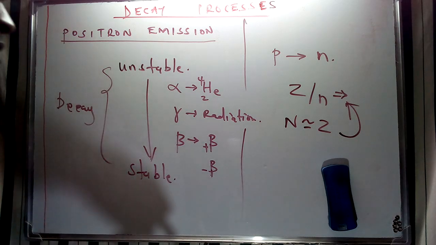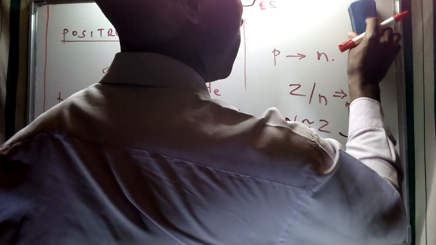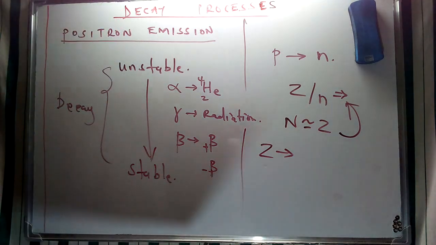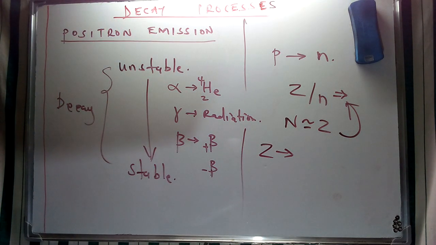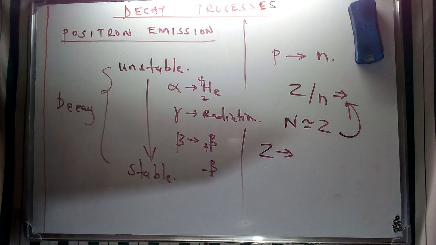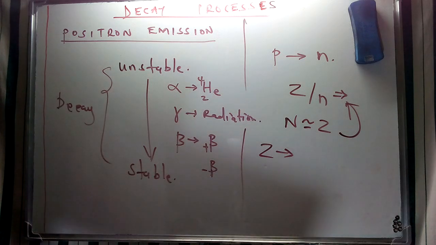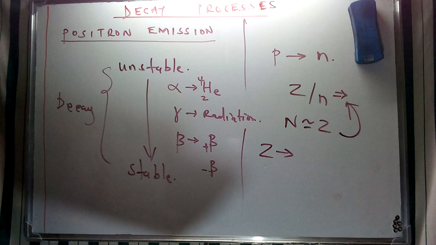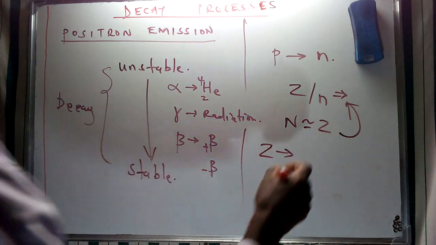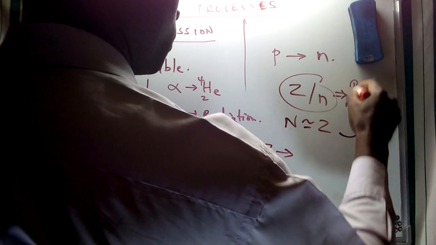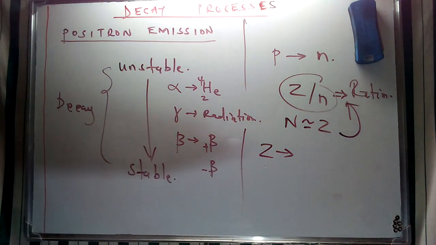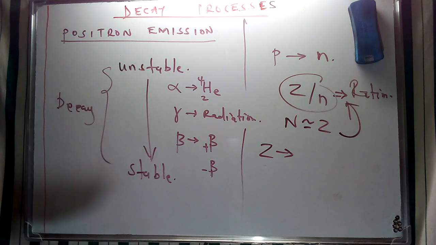But in the trends in our periodic table, we note that whenever the atomic number Z increases, the ratio between the protons and the neutrons changes, and stability is compromised. So that particular ratio between the protons and the neutrons has to be maintained at a particular value to make sure these elements are stable.